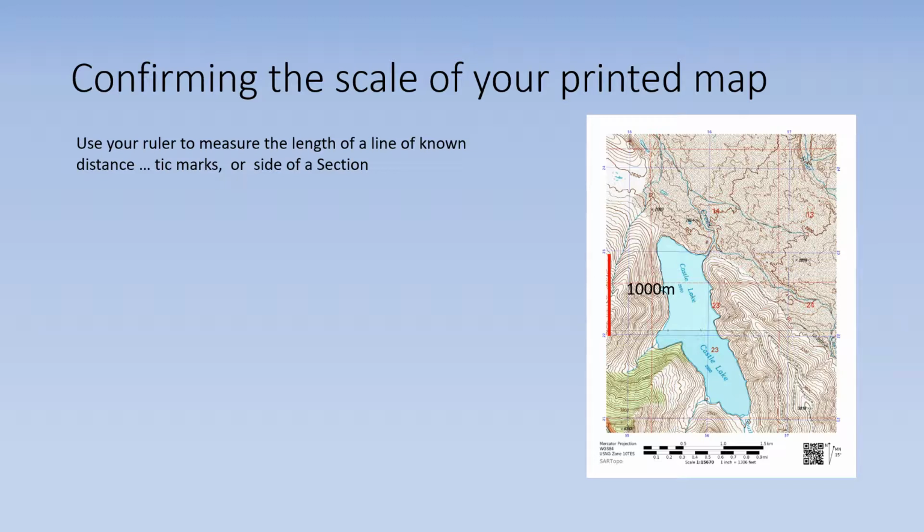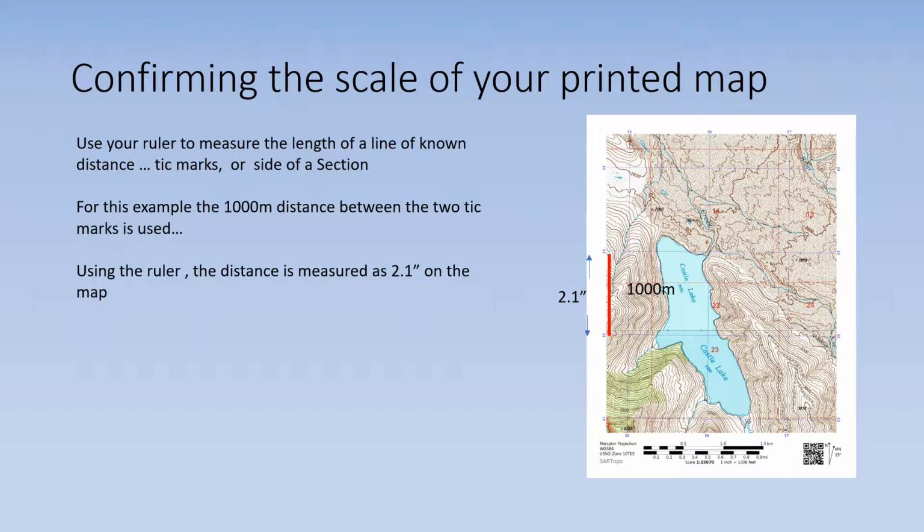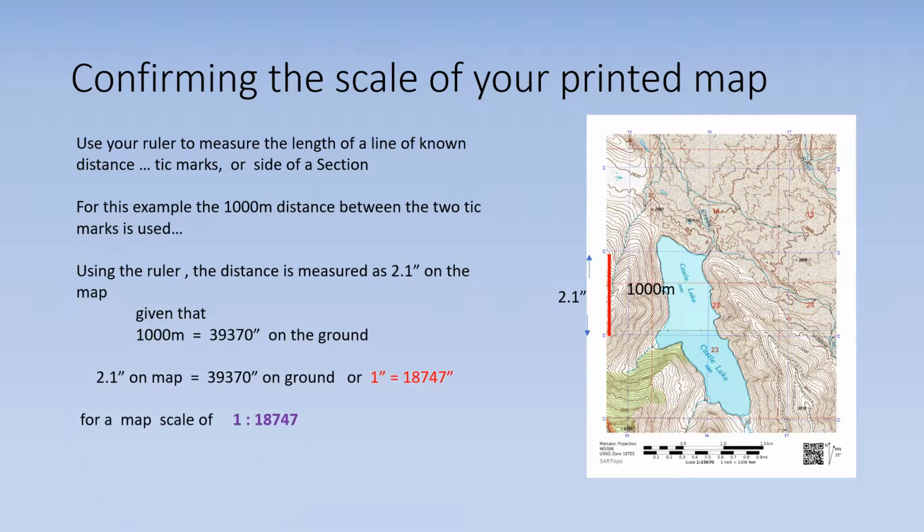For this example, we're going to use the USNG or UTM tick marks, which represent 1,000 meters distance on the ground. Using the ruler, we measure the distance on the map to be 2.1 inches.